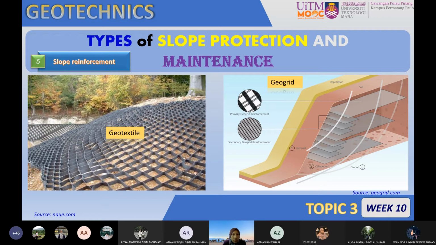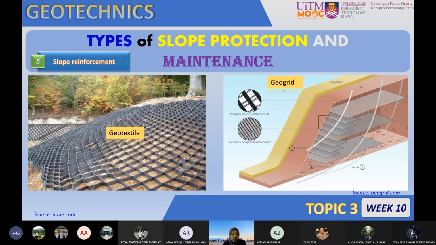Whatever shape is applied to the slope here, it will give you different strength, because the function of the product is to reinforce the structure of the slope. So to come up with these designs, whether geotextile or geogrid, we need to study what's the best design to have this shape.